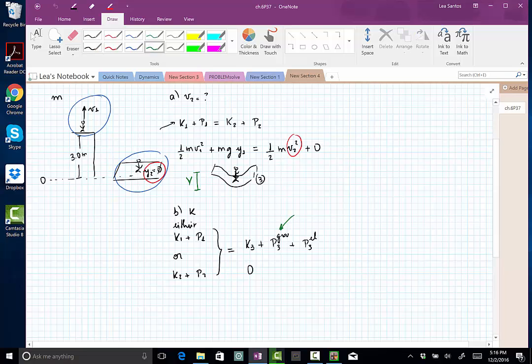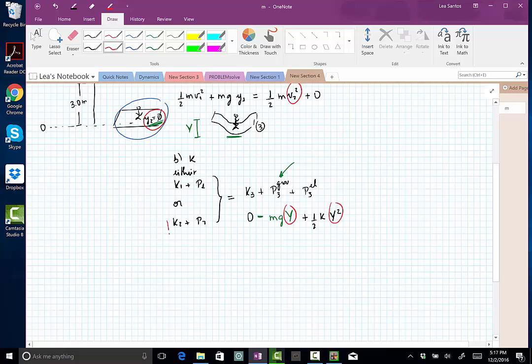My choice here was 0 at this point, and now I'm below that point, so I have negative. Let's remember to put this minus sign here: minus m g y. This is the amount that gets deformed that I do not know and I'm trying to find. And I also have elastic potential energy given by 1/2 k y squared. The y is what we are trying to find.